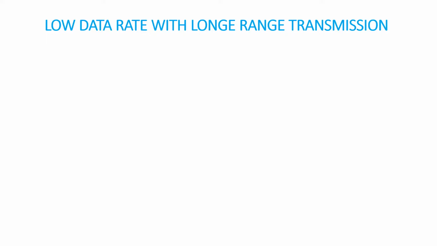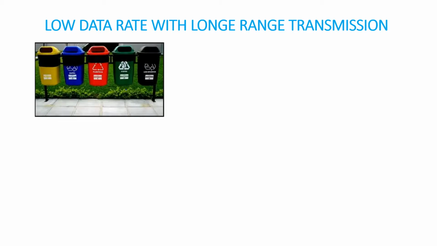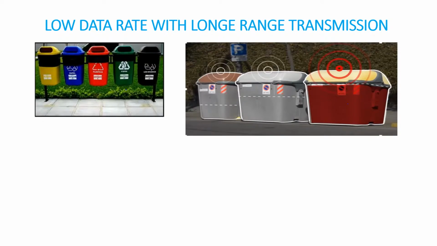The key feature is that it supports long range but comes at a cost of reduced data rate. Only applications where the data transmitted by sensors is very small in terms of bytes, but needs to be transmitted to tens of kilometers, will benefit from LPWAN. A typical example of such an application is monitoring city garbage in real time and determining when bins are full.